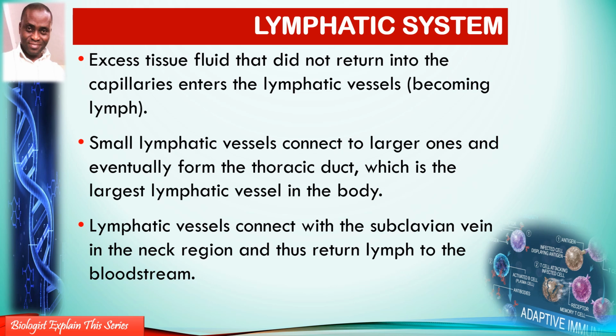So lymph rejoins blood by being emptied into the subclavian vein in the neck region, and that connects with the superior or anterior vena cava, as you can also call it. And so the two veins that return blood to the heart are the superior vena cava from the head and neck region, and the inferior vena cava from the rest of the body.